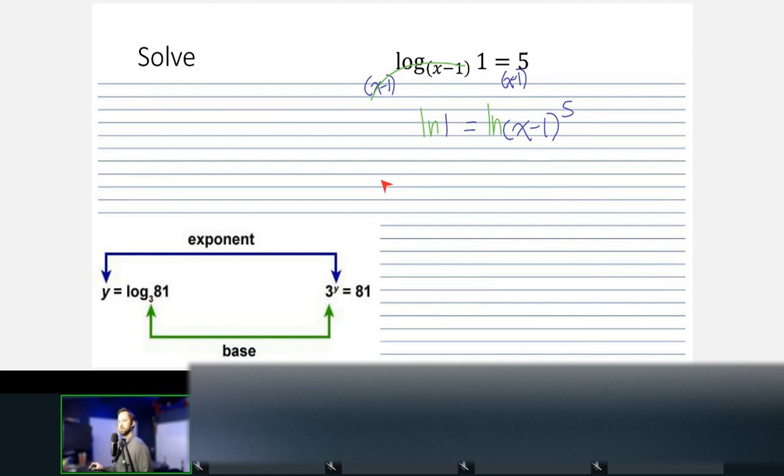It's not a property per se, but it's something that we should know as we go through this unit. So let me break it down over here, using this little change formula.